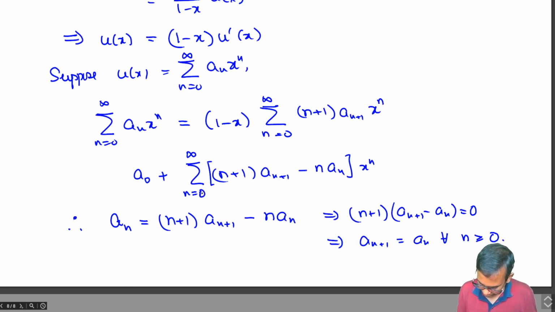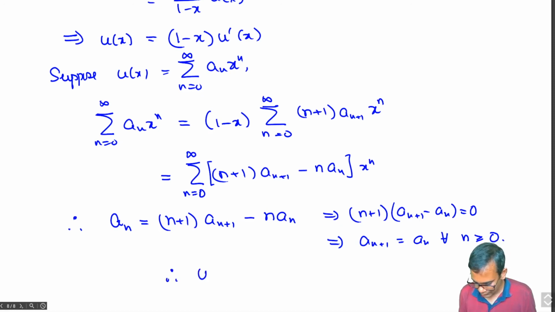So this means that all the coefficients of u(x) are the same. Therefore, u(x) is equal to a_0 divided by 1 minus x.